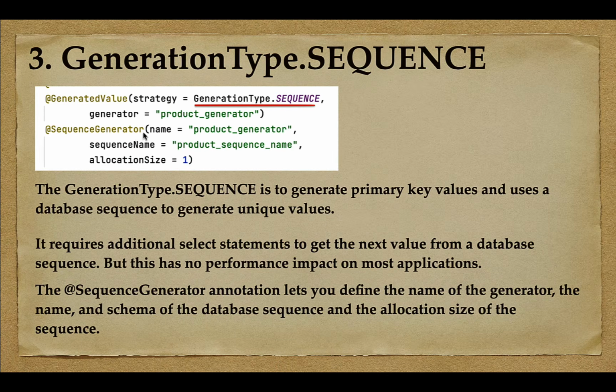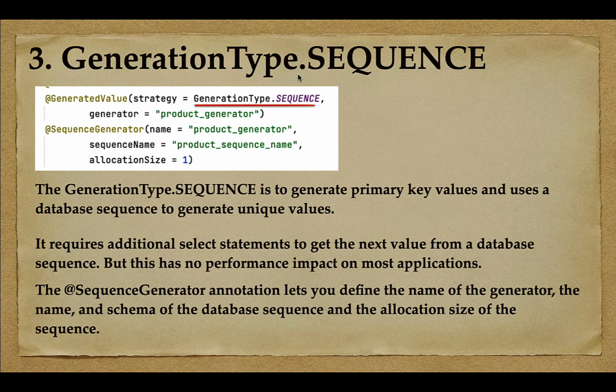Once we generate the sequence, we can provide its reference in the @GeneratedValue annotation. For example, here @SequenceGenerator has the name product_generator, and this name we should give in the @GeneratedValue annotation. We'll see in an example how to use it.